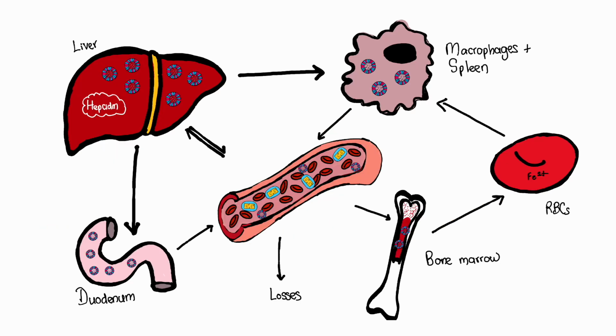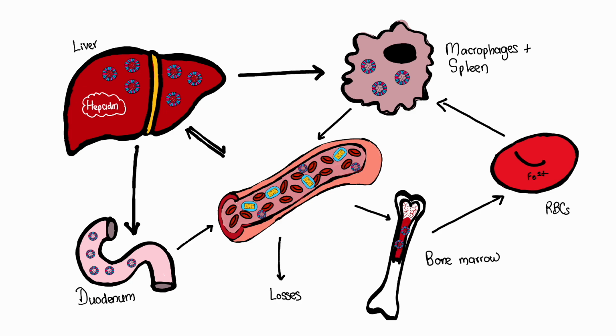Overall, iron homeostasis represents a complex multi-organ system. It integrates dietary absorption, plasma transport, cellular uptake, recycling, storage, and even hormone regulation.